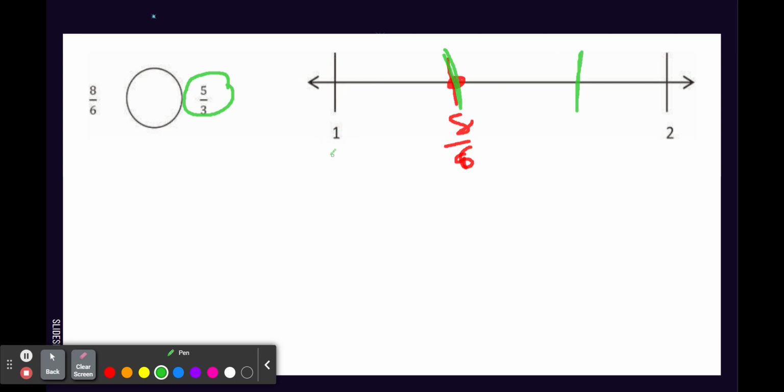Now we're at 1. So 1, if I divide it into 3 equal parts, gives me 3/3. And then this next one is 4/3. That's going to be the same as 8/6. And then we have 5/3. And 2 wholes is 6/3. So let's locate 5/3 on my number line. 5/3 is over here.